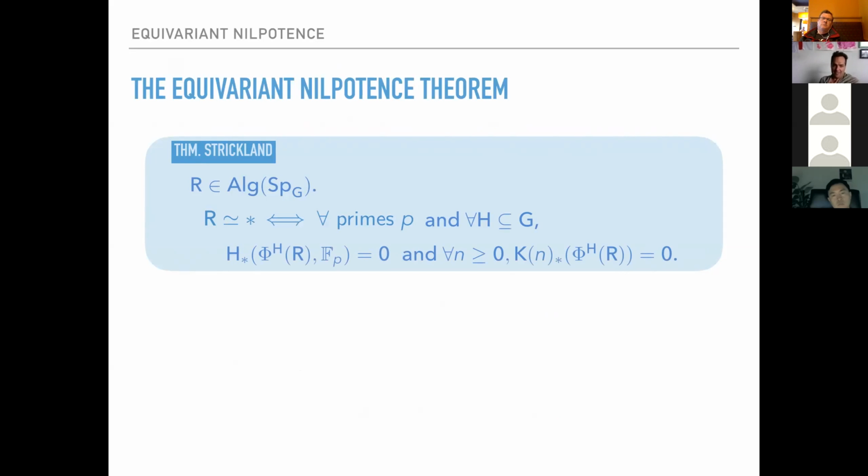The key result, which I forgot to mention here, is that any G spectrum is contractible if and only if all of its geometric fixed points are contractible. So it's actually sort of straightforward to see why this is the case.